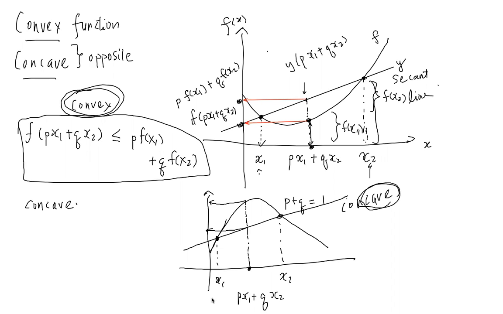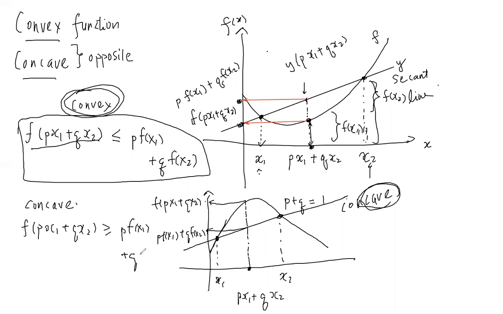So basically over here you will have p of f(x1) plus q of f(x2), and this will be f of px1 plus qx2. In this case, your function here will dominate, so f of px1 plus qx2 will dominate this thing.